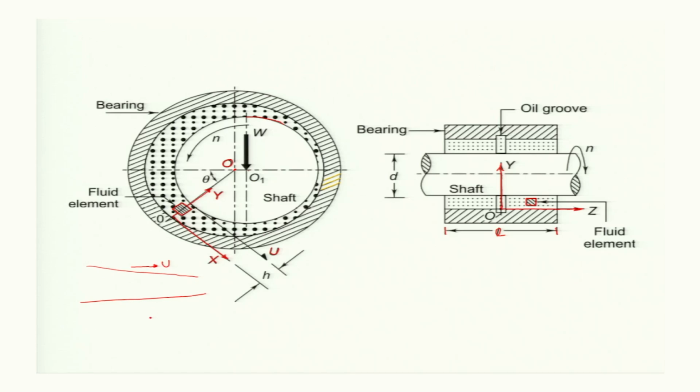Now what we will do is take this infinitesimally small element in the xy coordinate system and yz coordinate system, and see what forces are acting on it, and then apply the static equilibrium condition. That means summation of forces in the different coordinates must be 0, and from that we will get a relationship that will give us the pressure profile in the clearance space of a hydrodynamic bearing.